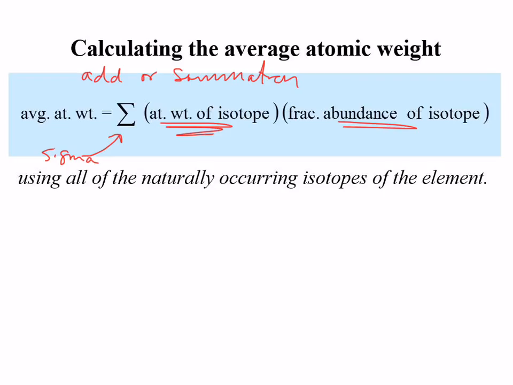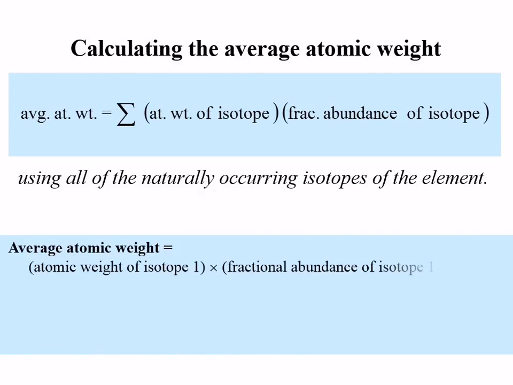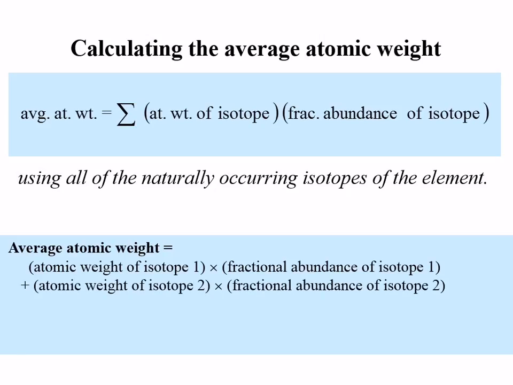And we've been talking about percent abundances of the isotopes, and I'll show you how to get from percent to fractional in a minute. But what the summation means is that we take the first isotope, we take its weight and its fractional abundance, and we add, for the second isotope, the product, multiplying its weight and its fractional abundance.